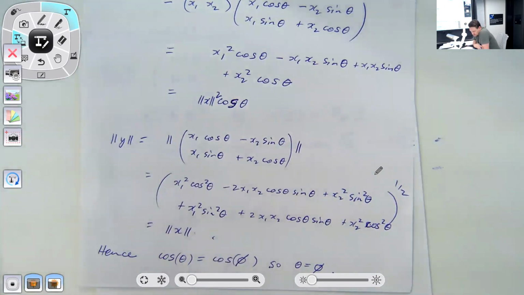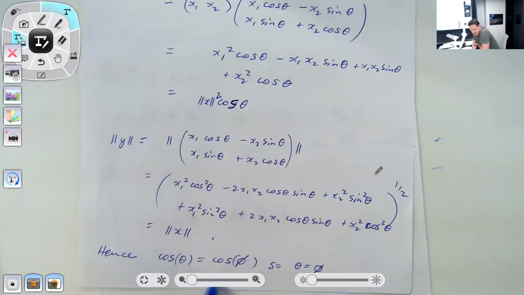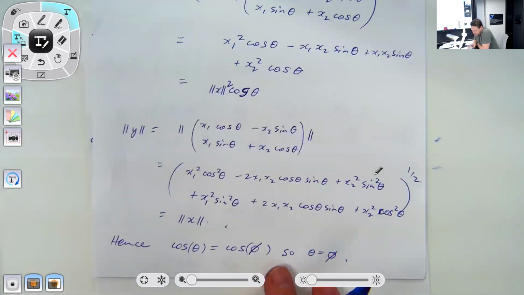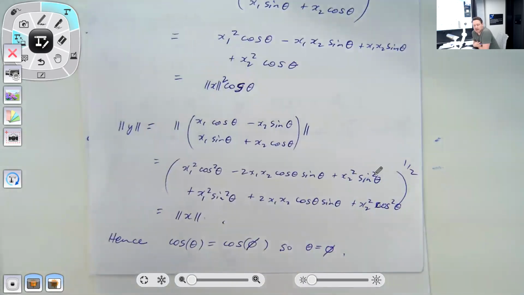Then you substitute into the formula and find that you must have the same cosine, so we conclude that we have the same angle. We know these 2 points must be the same distance from the origin as well.